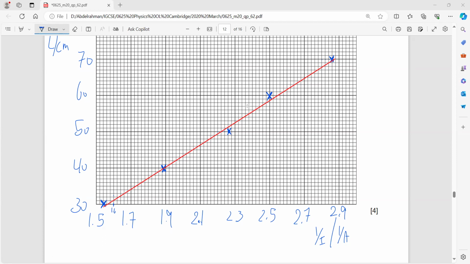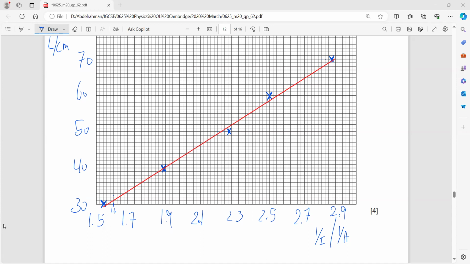Okay, quite easy. How can I find the gradient of this line? Gradient is rise over run. It's the slope. How can we find the slope? y2 minus y1 over x2 minus x1, which is correct. But you must, again for the 100th time, use the triangle method. What do I mean by the triangle method?